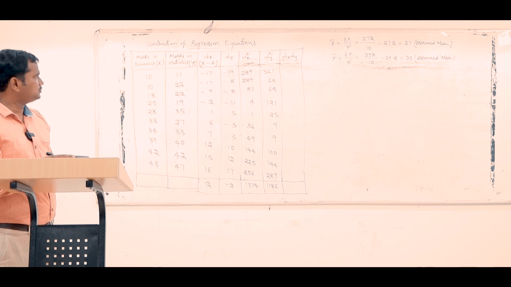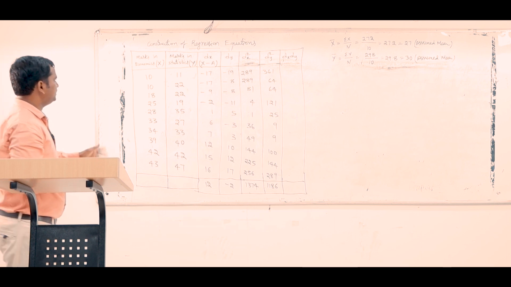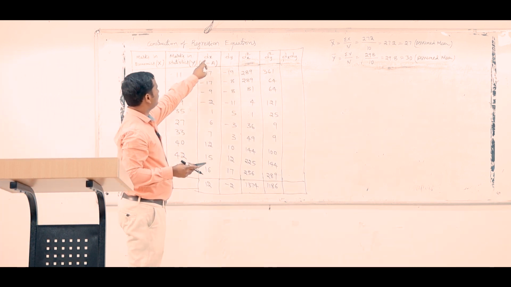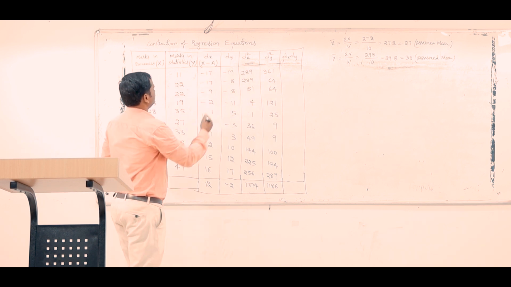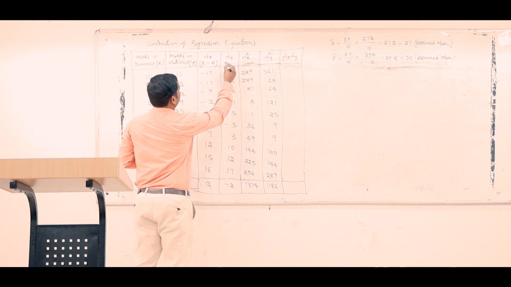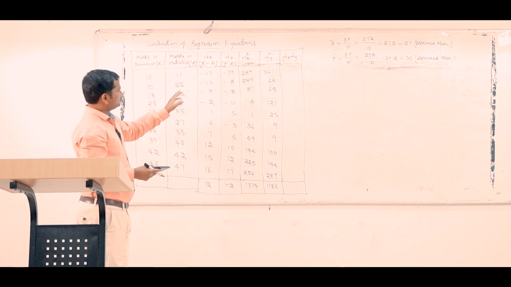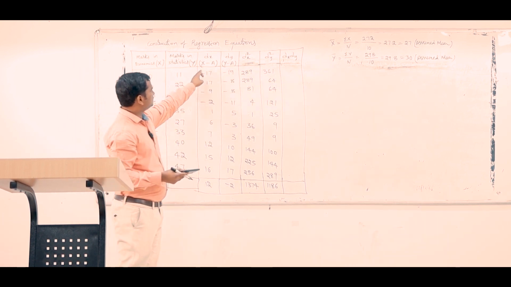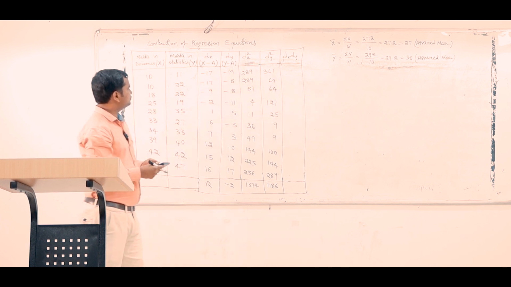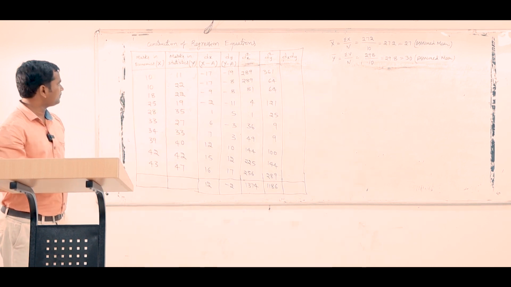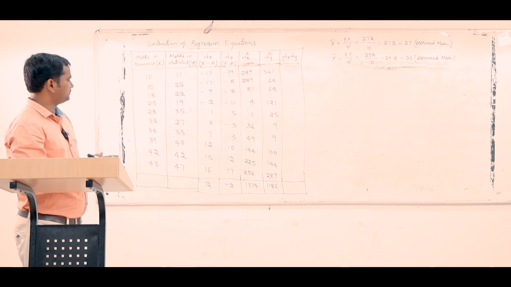In the next column we should find out dx into dy. The dx column is already there, and the dy column is there. Those two columns we should multiply in the last column.